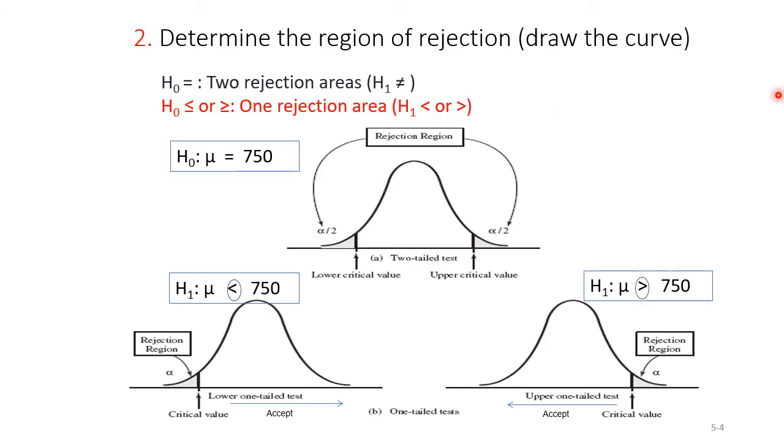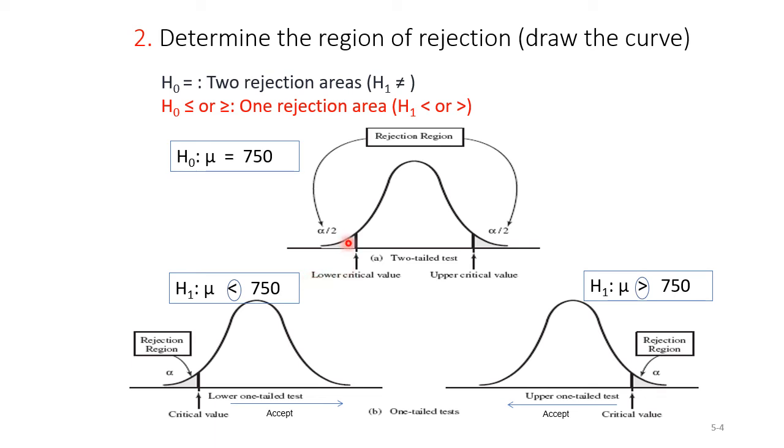Alright, now step number 2. In step number 2, you will be able to determine the region of rejection. You have to draw the curve. If I just show you here very quickly, when we have a null hypothesis that has an equal sign, it means that there are two areas of rejection.